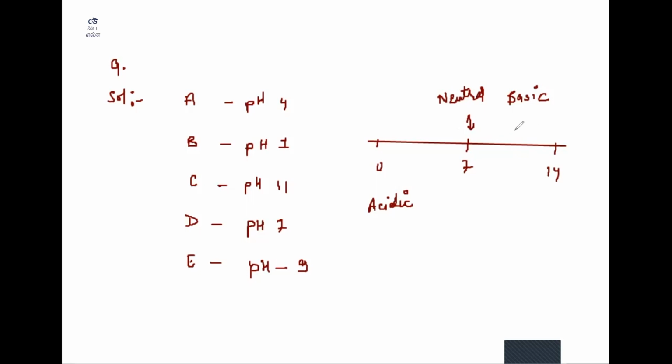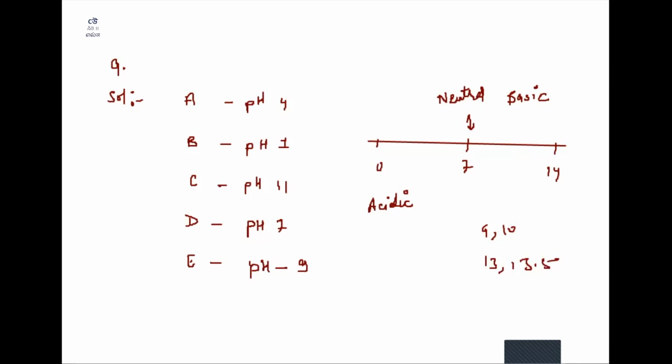Talking about the basic side, if a solution's pH value is between 9 or 10, we'll say these are weakly basic. On the other hand, if a solution's pH value is between 13 to 13.5, these are said to be strongly basic.